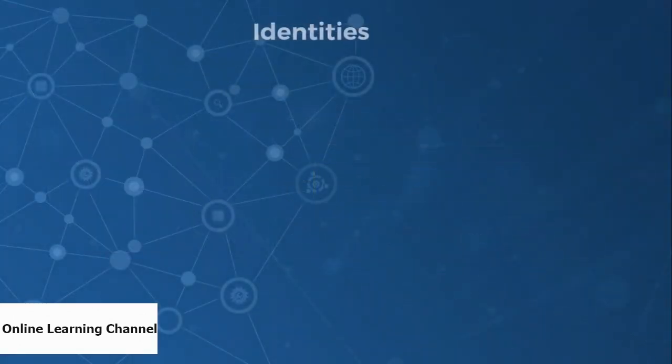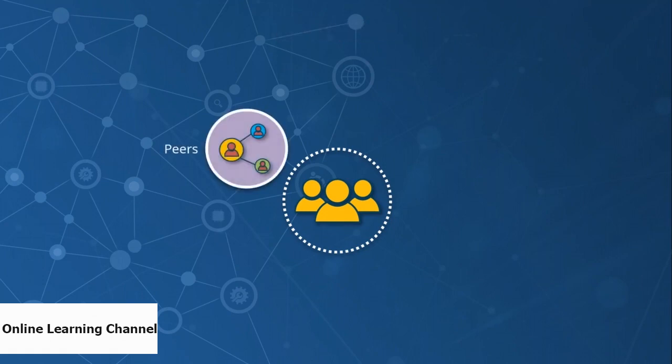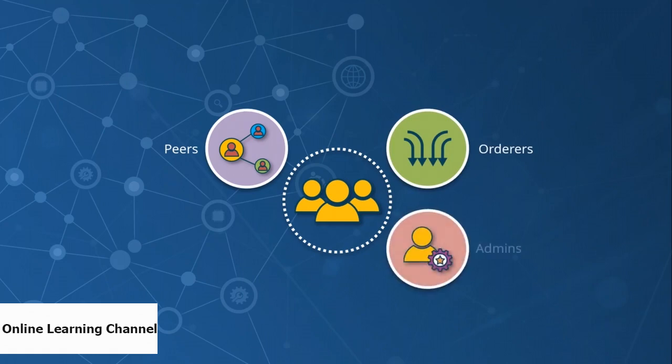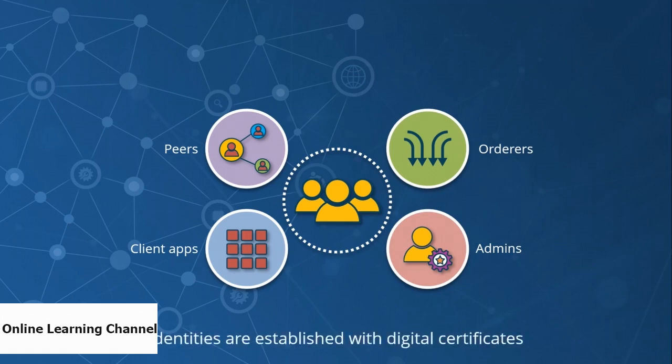So just to summarize, there are many different identities which will need to be established on Hyperledger Fabric. This includes identities for all of the peers who are connected to the network, the nodes which make up the ordering service, as well as the administrators and clients who will connect to the network. These different entities may be across multiple organizations, and those organizations in turn may have their own certificate authority, which may issue digital certificates for their own applications and their users.